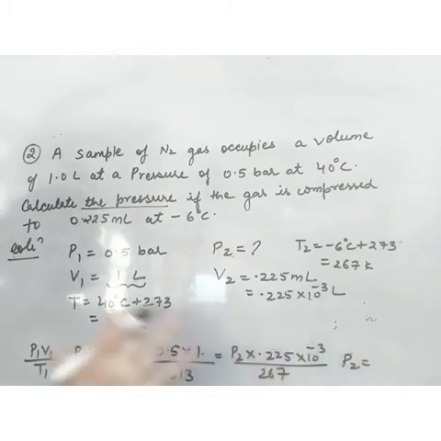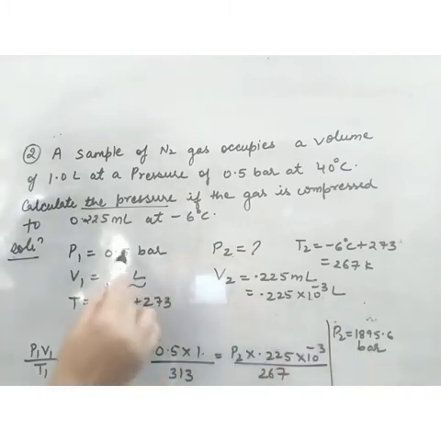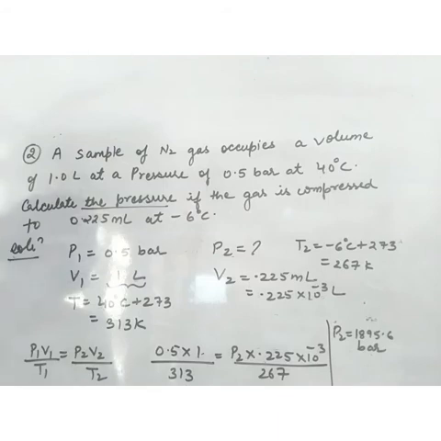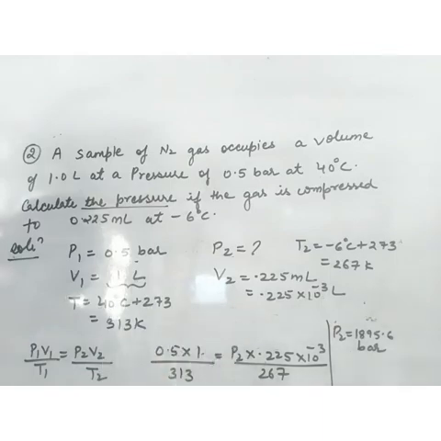So we have to cross multiply and solve it further. So final pressure will be 1895.6 bar. Now this pressure will be in bar because the initial pressure is also in bar. So we have to take care of the unit. Whatever initial condition is given, the unit will be same for the final condition. Temperature always we have to convert to Kelvin. And for volume we have to see that both the units are same.